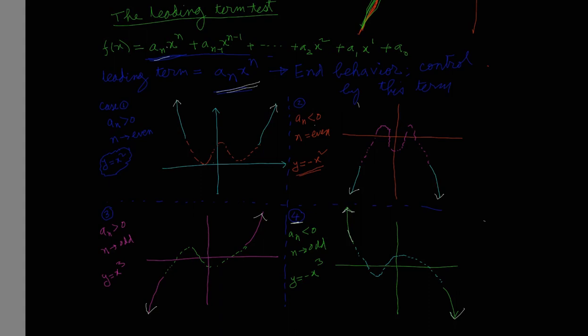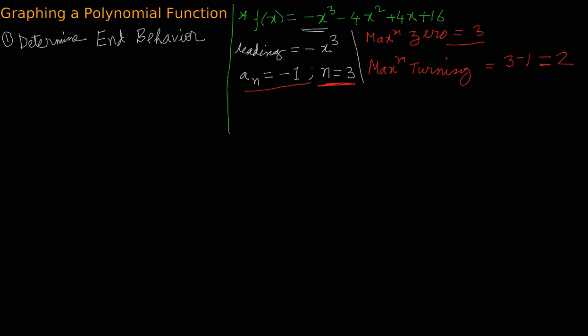This is the lecture we learned before, where the end behavior depends on the leading term a_n x^n. If a_n is less than 0 and n is odd, for my case n equal to 3, the end behavior will be the one showing here: the left hand side is going to go up, and the right hand side is going to go down.